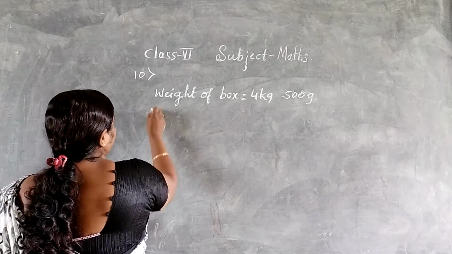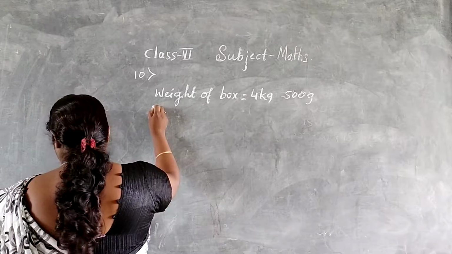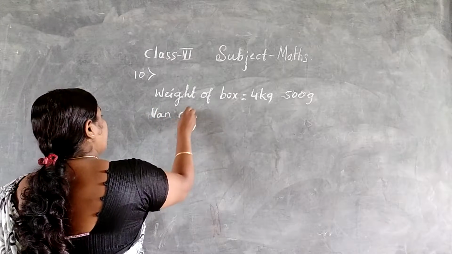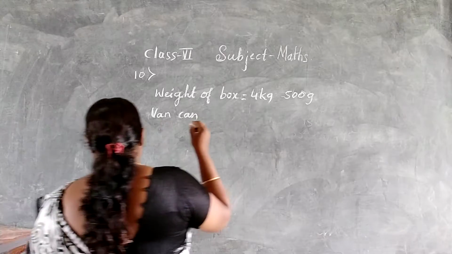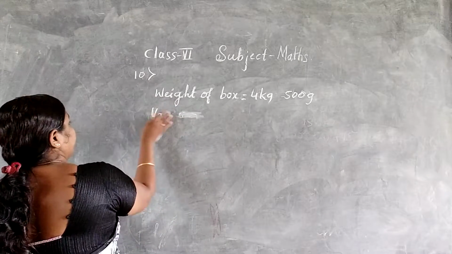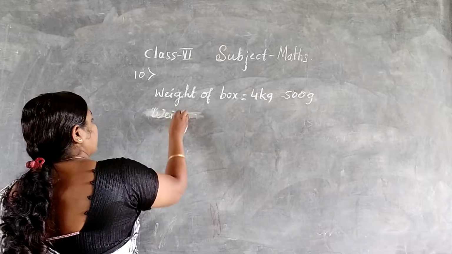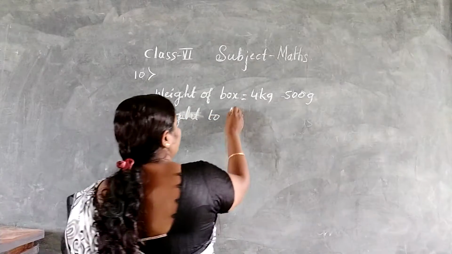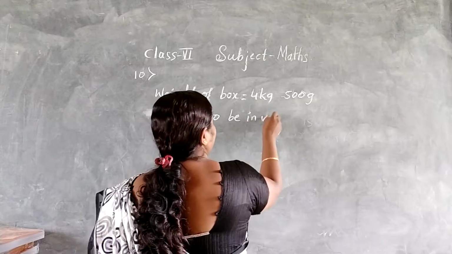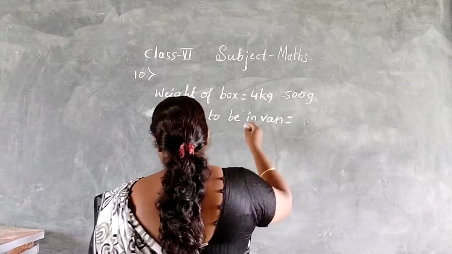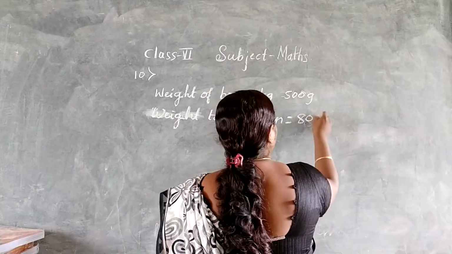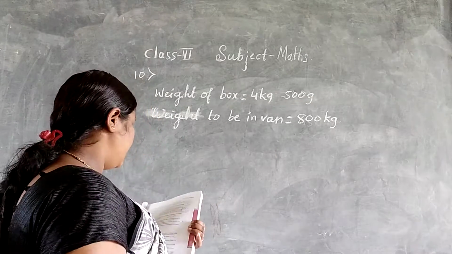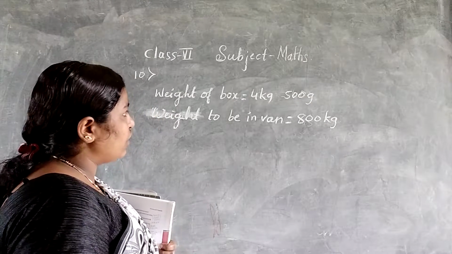The weight the van can carry is 800 kg. Now this is also an example for division.